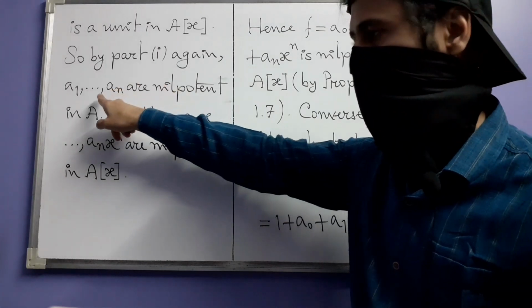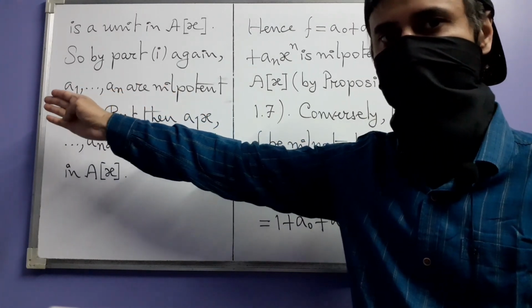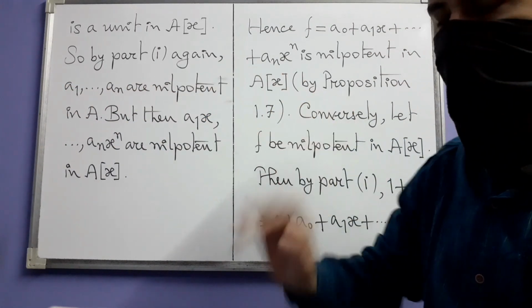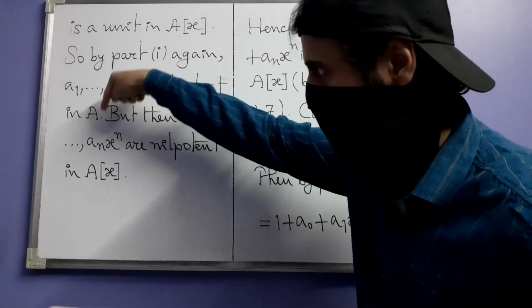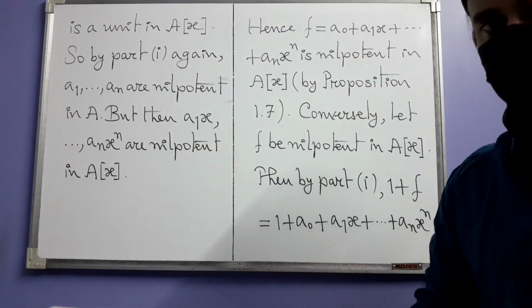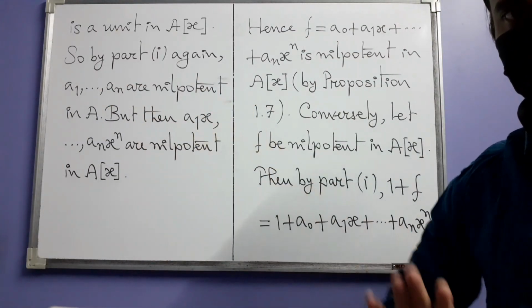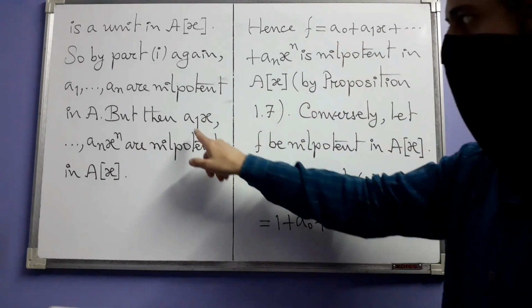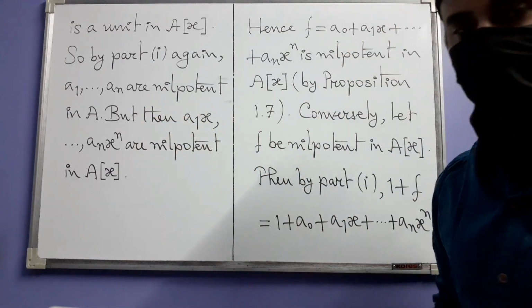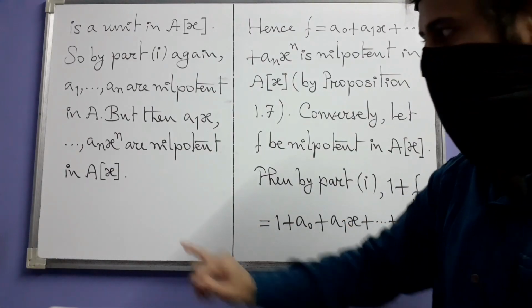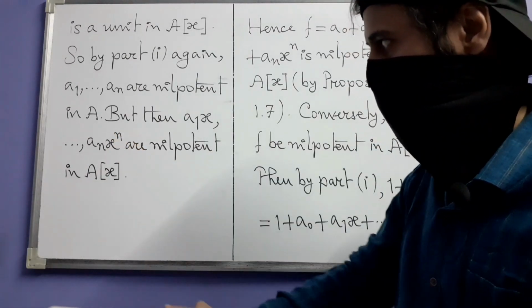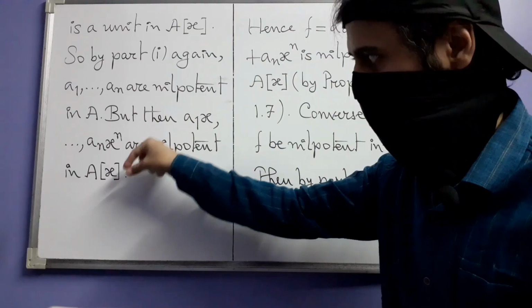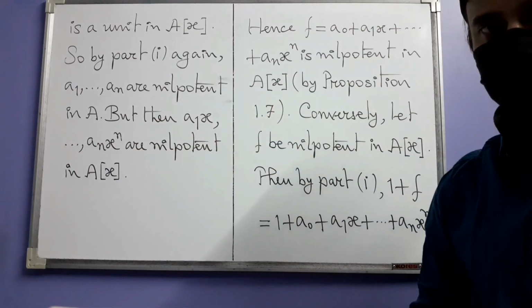So we concentrate on the other coefficients, which are just these ai's, a1, a2 up to an. These are nilpotent in A, in the underlying ring A from where they are coming. But then just like the previous part, a1x, a2x squared, all these monomials up to anx to the power n are nilpotent in the polynomial ring A[x].